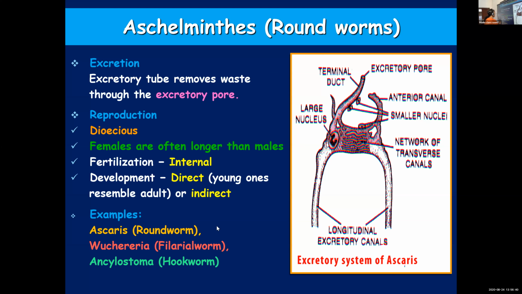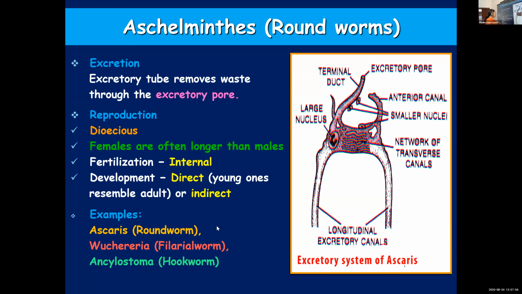Then Ancylostoma, or hookworm. So Wuchereria, Ascaris and Ancylostoma are some examples for phylum Aschelminthes. Once again, excretion is carried out with the help of an excretory pore. They are dioecious, females being longer than males.